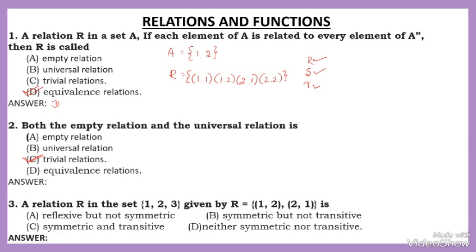Then, question number 3. A relation R in the set {1, 2, 3} given by R = {(1, 2), (2, 1)}. Here, which property or which relation obeys? Here in this relation, the symmetric property holds.